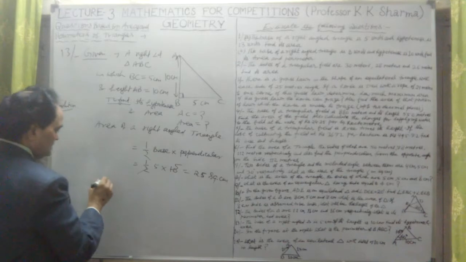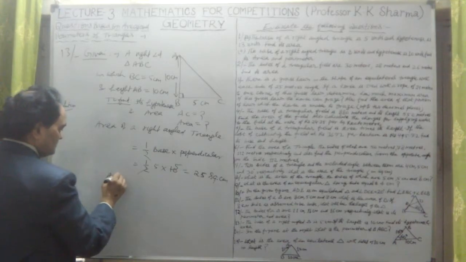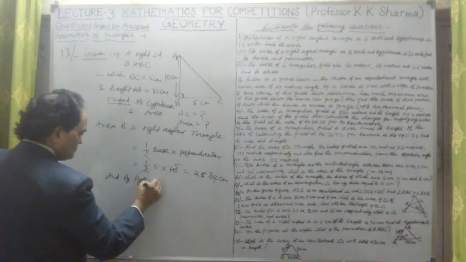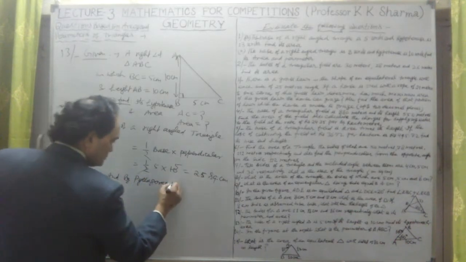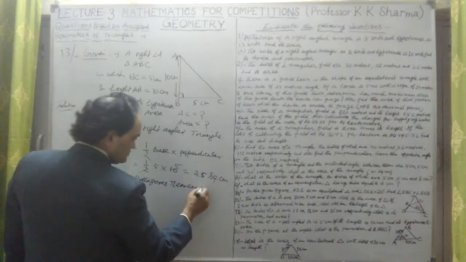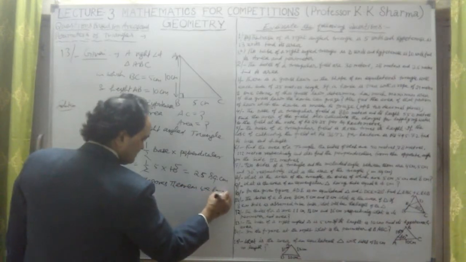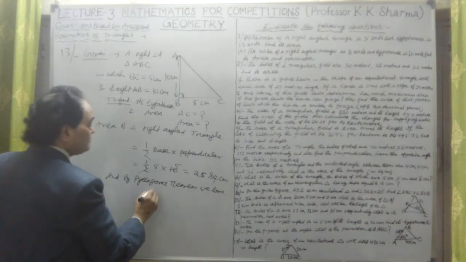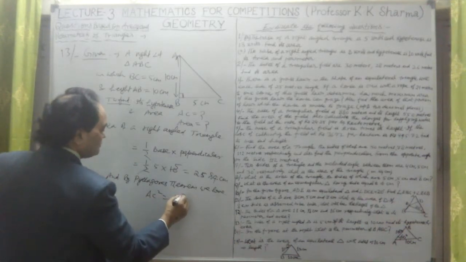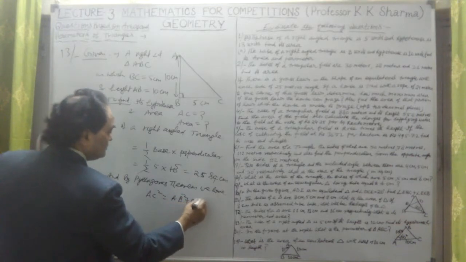Hypotenuse, by Pythagoras theorem, we have AC square is equal to AB square plus BC square.